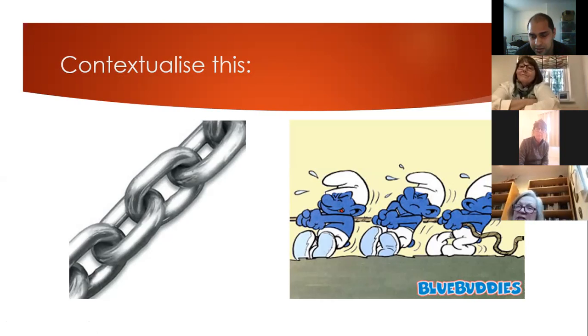Everything's working together, strengthening each part. Yes, you're on the right path. You're very much on the right path. How about the Smurfs? Not a strong link. What was that, sorry? They're not a strong link. They're struggling. They are. They're struggling. Again, you are on the right path.